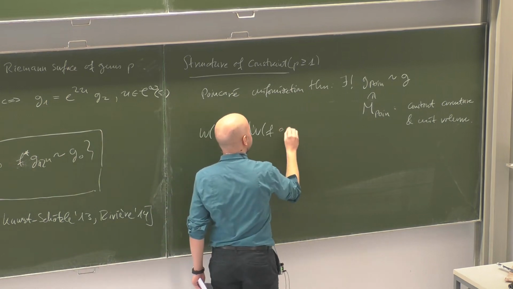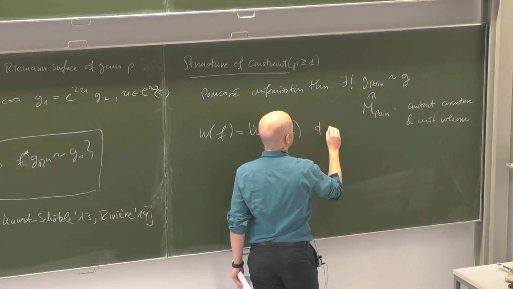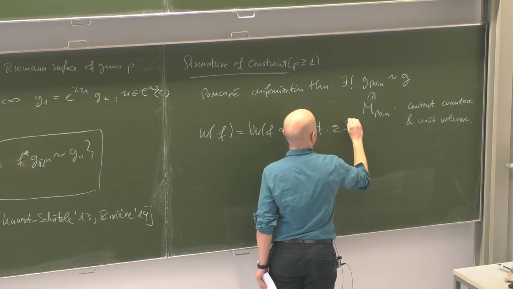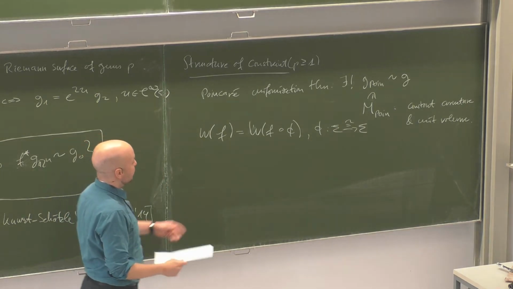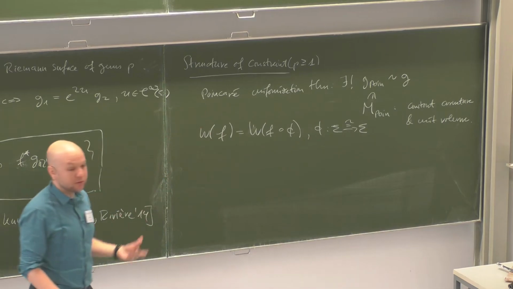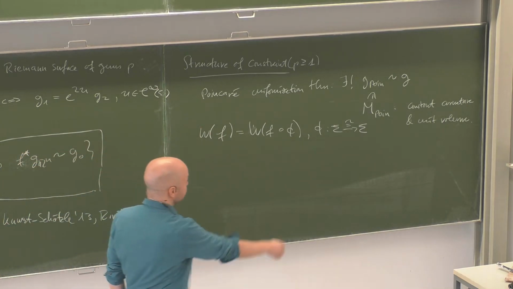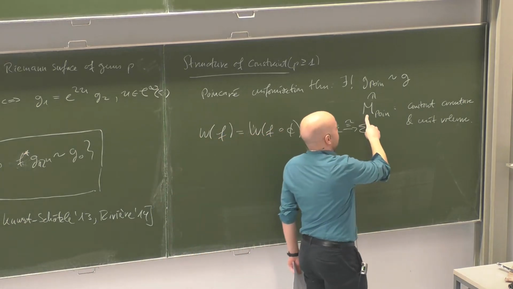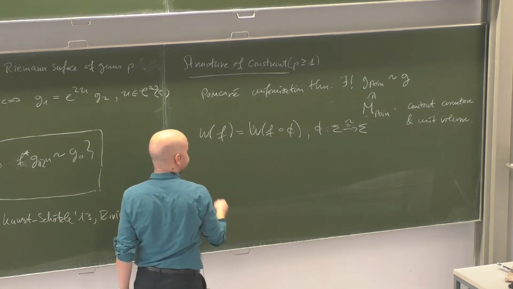It will not change if I compose from the right with a diffeomorphism. So if the energy is invariant with respect to this, we should also incorporate the constraint in a way which takes this into account. So we naturally want to mod out in this space of Poincaré metrics by the action of diffeomorphisms.